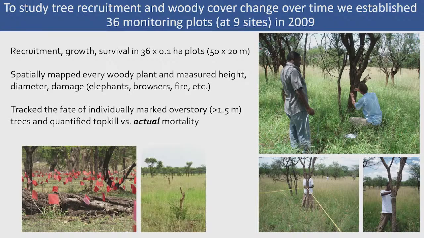And then, importantly, we tracked the fate of individually marked trees and really tried to distinguish between top kill and true mortality. That was a really important part of this study, and you can't do it with LiDAR. You have to go and visit these trees on an annual basis and see what they're doing on the ground.